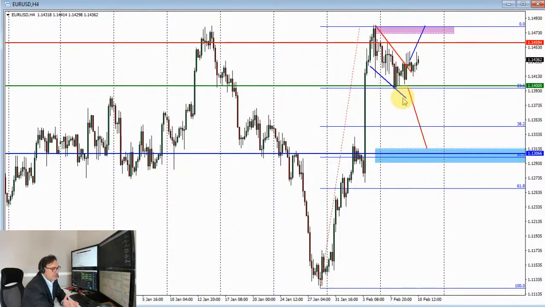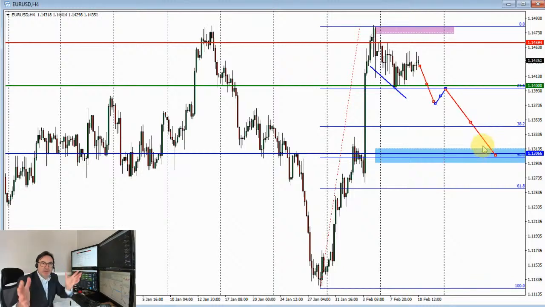I'm still shorting it, okay, because the longer term trend is bearish, and I'm looking for a dip below 1.14. I got in a little bit sooner than that, and I would like to see something like this develop. A sell off to the downside, loss of 1.14, and then a possible retest of that level from underneath for another aggressive leg lower to here. That's what I would like to see.